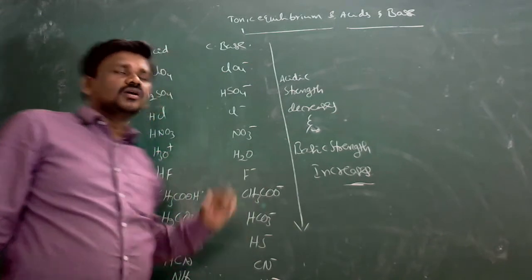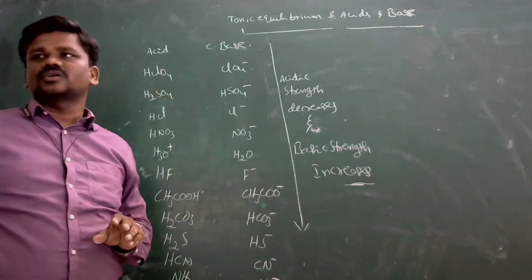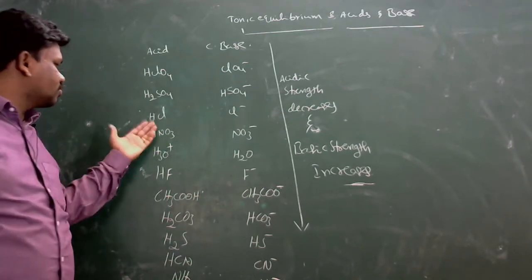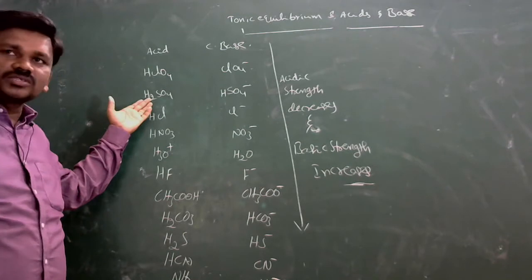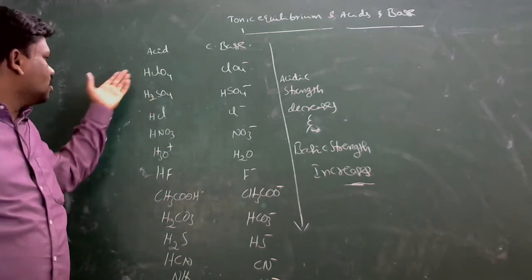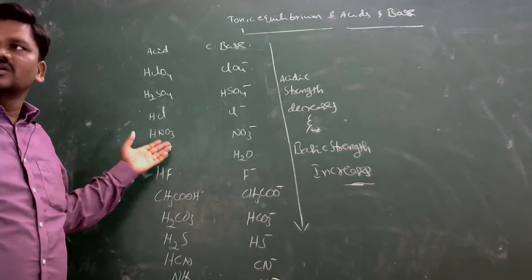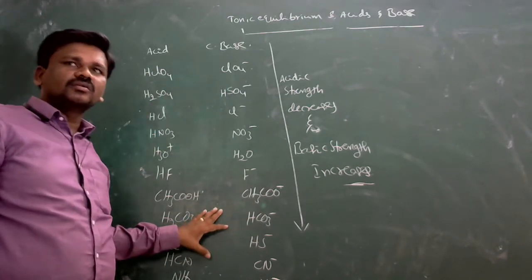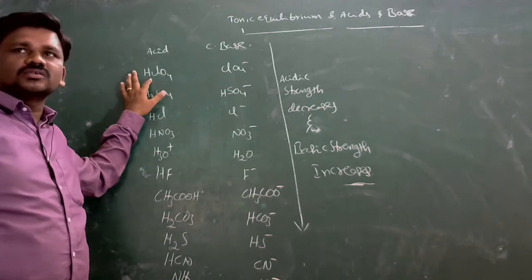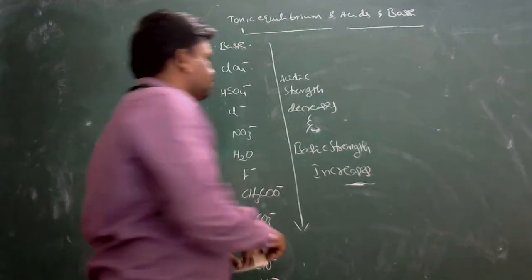That means HClO4 is a strong acid compared with H2SO4, HCl, and the others. Compared with HCl, H2SO4 is also a strong acid. HClO4, H2SO4, and HCl are all strong acids.